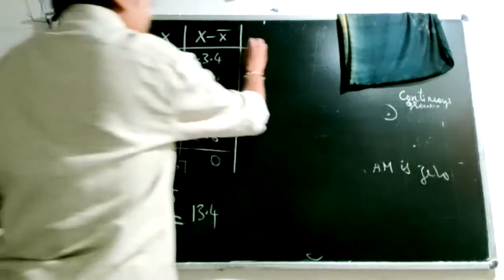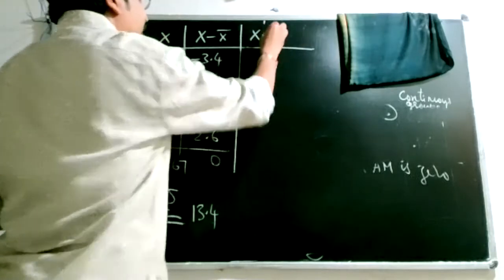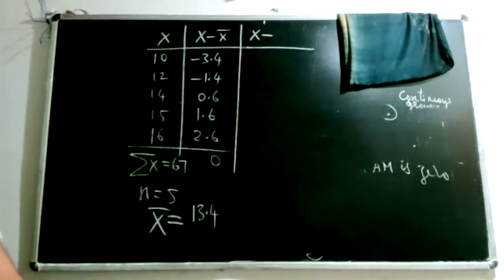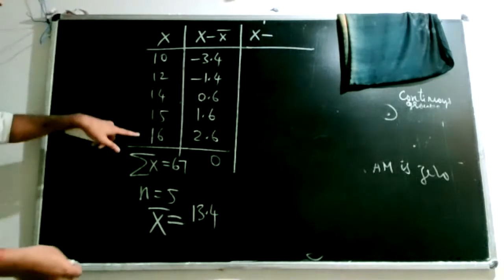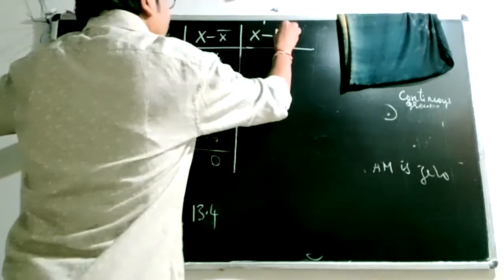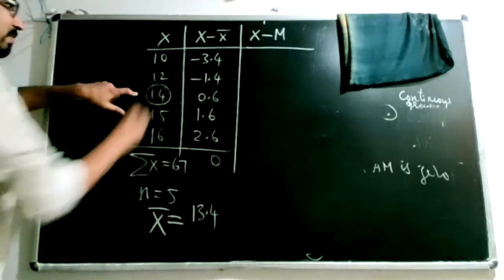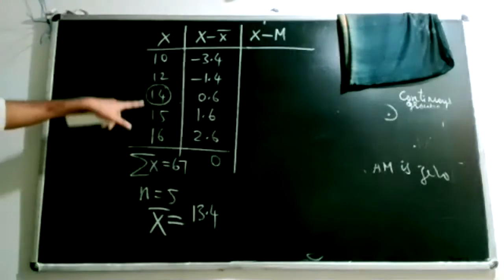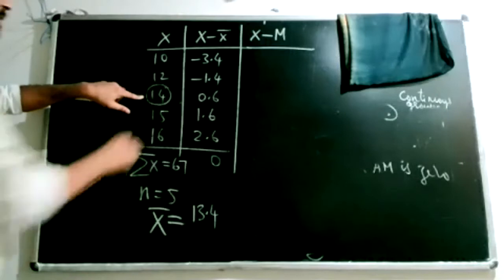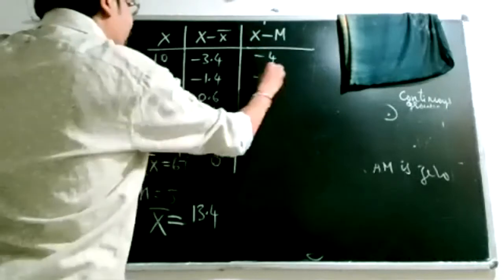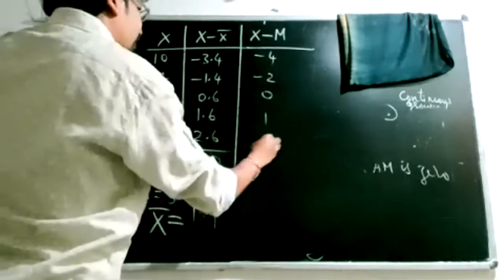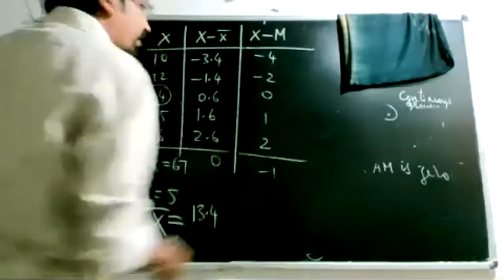On the other hand, if you take the deviations from any other measure like geometric mean or harmonic mean, or for the sake of it, let me take, say, median here. Here the median, the middlemost value when the data is arranged in increasing order, is 14. So if you subtract every value from 14, you will observe that the total is not equal to 0.